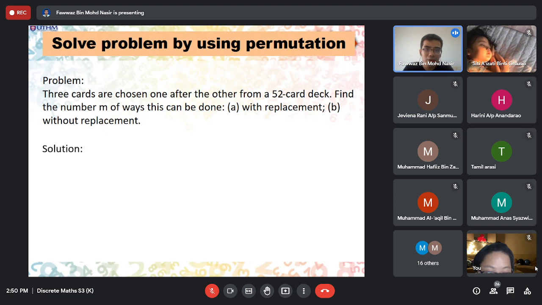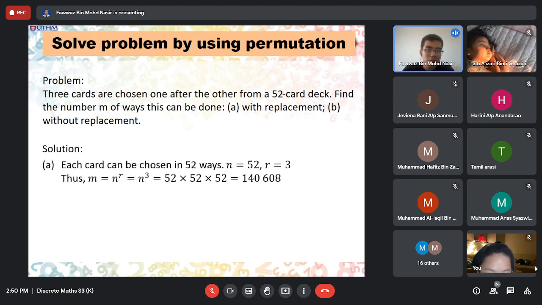So we substitute into n to the power of r, so you get 52 to the power of 3, which is 52 times 52 times 52, so you get 140,608 ways.